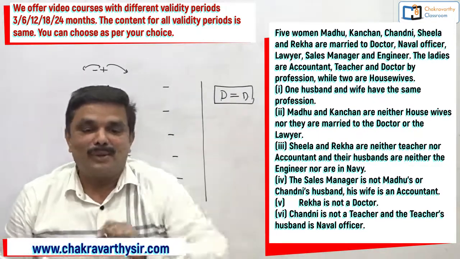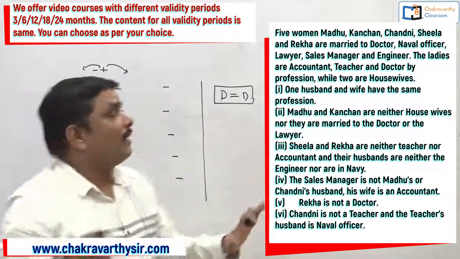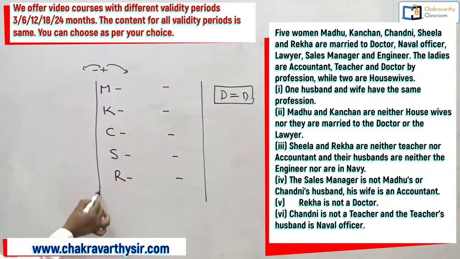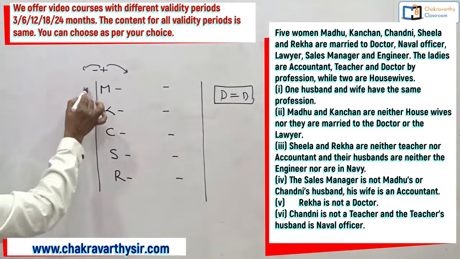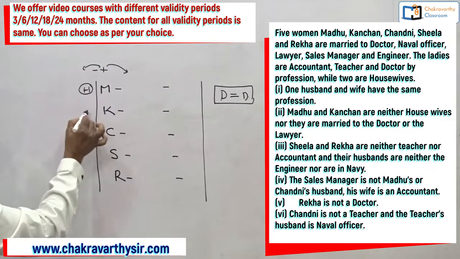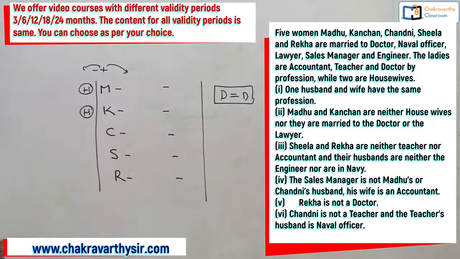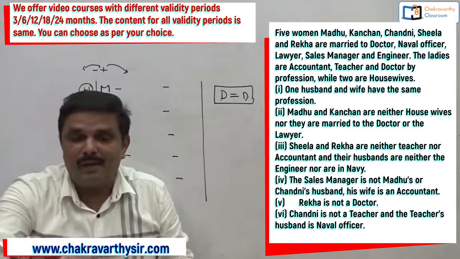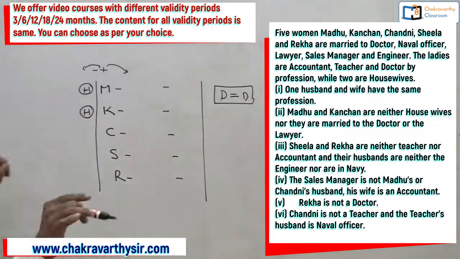Alright, so here Madhu and Kanchan are neither housewives. That means negative information I am taking on the left side. Madhu and Kanchan are not a housewife, not a housewife. Neither housewives, and again continuously they have given, nor they are married to doctor or lawyer.